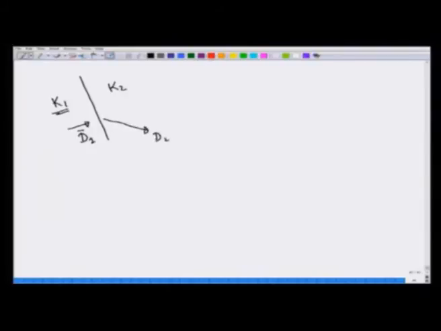If I take a small Gaussian box here, let us take a normal here like this, normal here like this, and apply Gauss's theorem to D, which satisfies divergence of D is equal to rho free, which gives me integral of divergence of D dV equals integral of rho free dV.